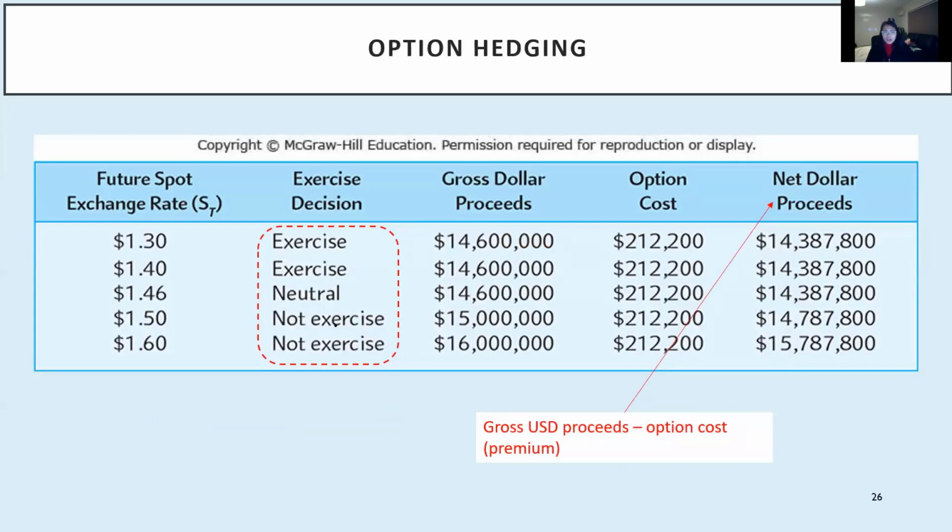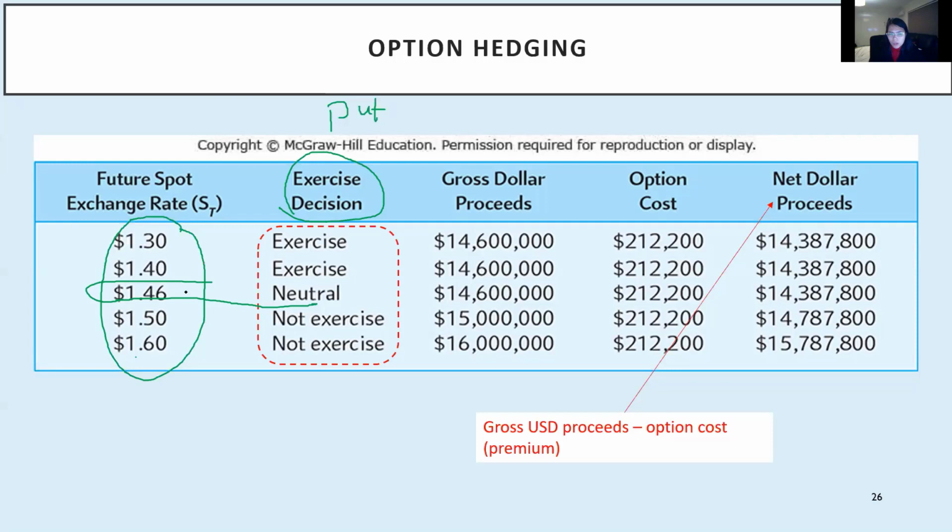So on this slide, I've got my exchange rates. These are my exchange rates in the future, going from low to high. And here I've got my exercise decision for the put option. As we mentioned before, we want to compare the actual spot rate in the future with the strike price of 1.46.